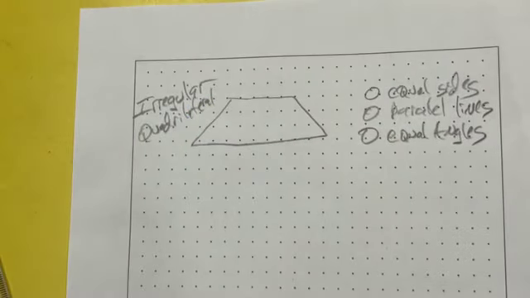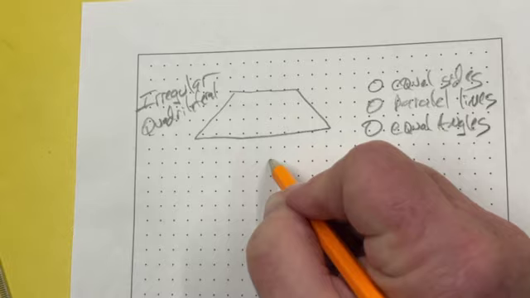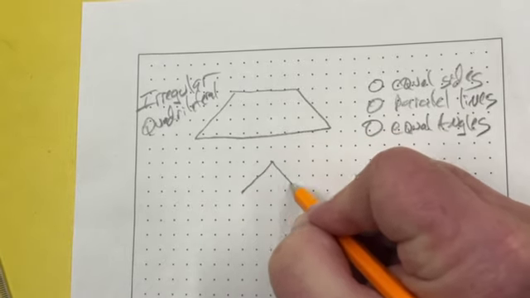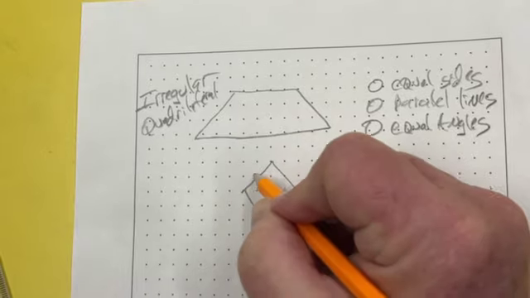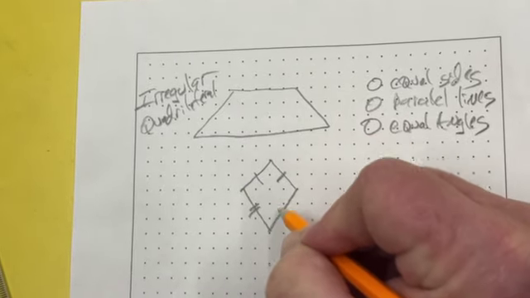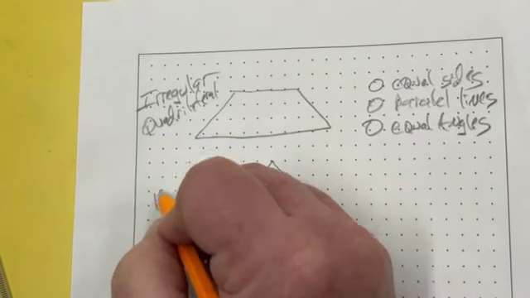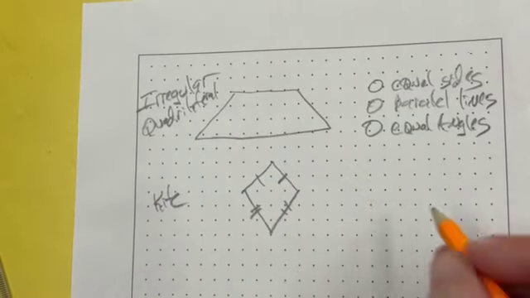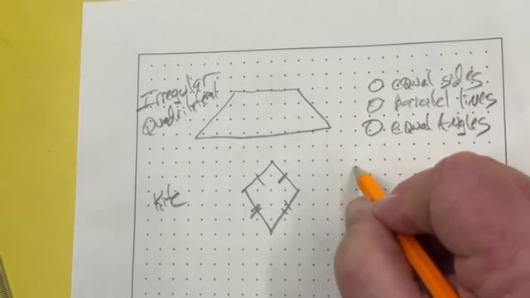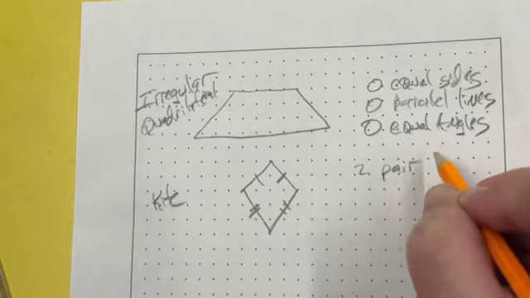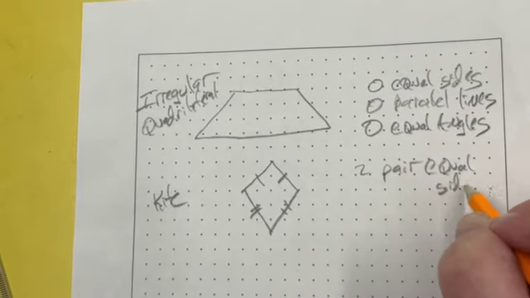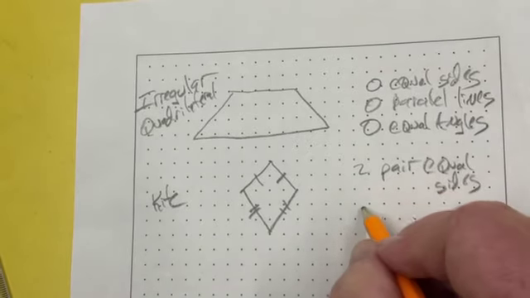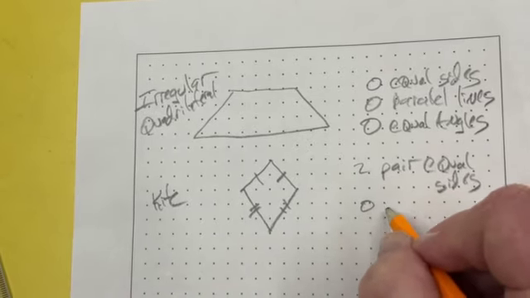And there's one more that we don't talk about very much, kind of a fun one. And it's called a kite. It has 2 pair equal sides. No parallel lines.